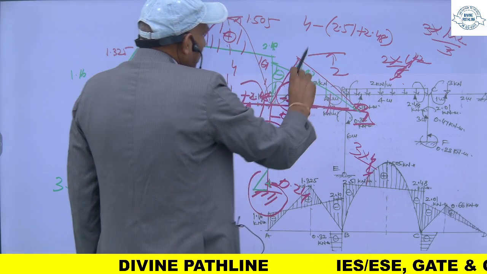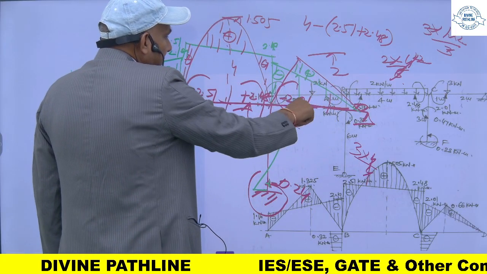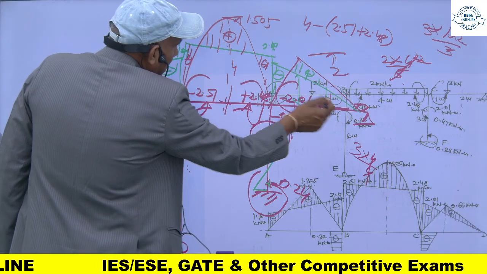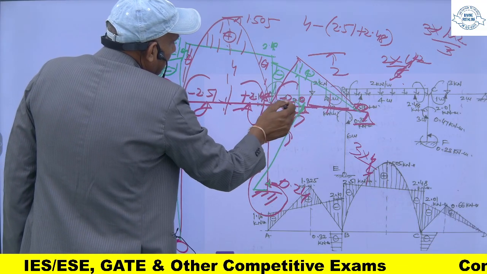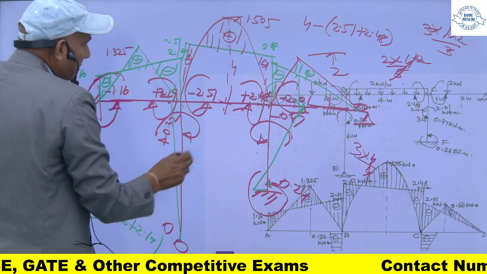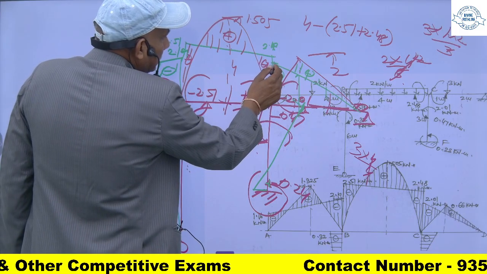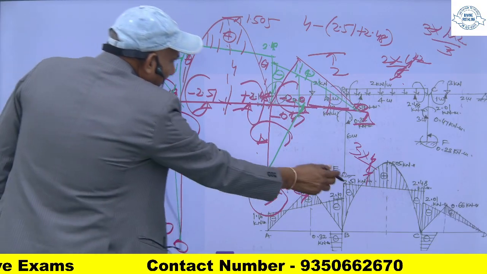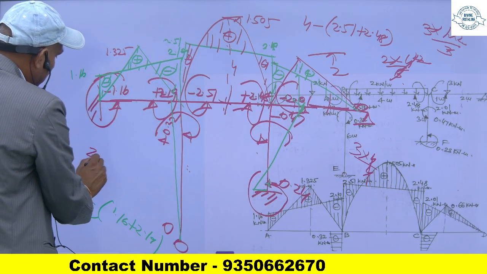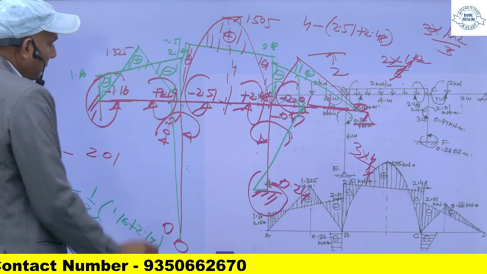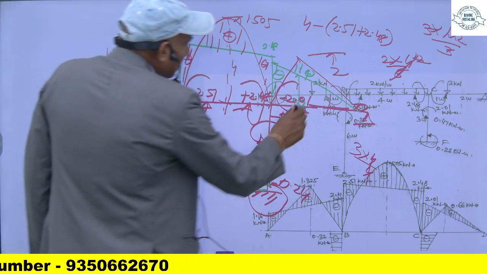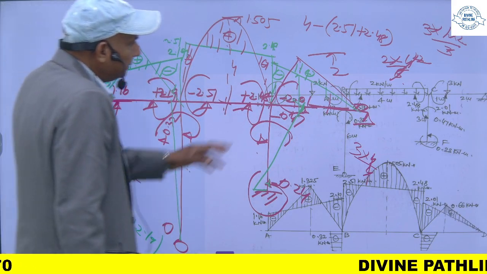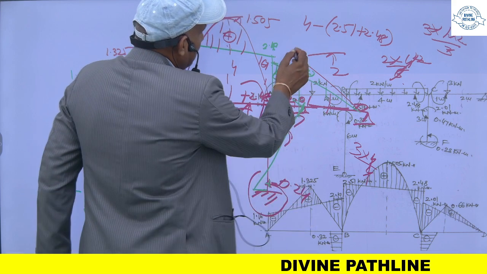So this 2 minus this one, this I can find from interpolation. So this will be 2 minus, this is I think 2.51, no, 2.01 upon 3 into this 2.